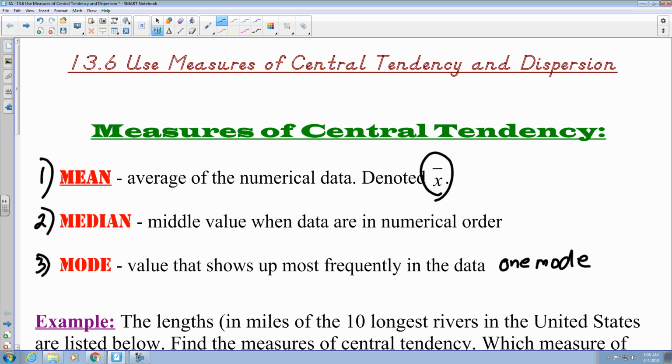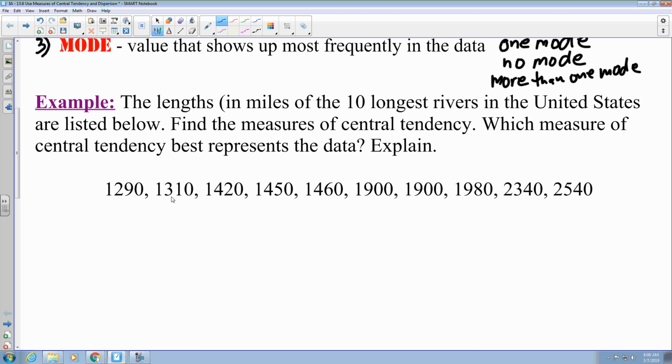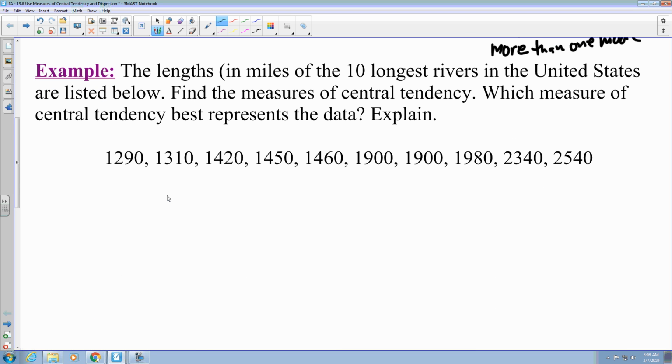You could have no mode, which means no values in the data set repeat, or you could have more than one mode, where multiple values repeat. So let's start looking at some examples.